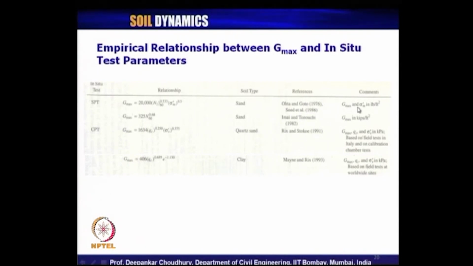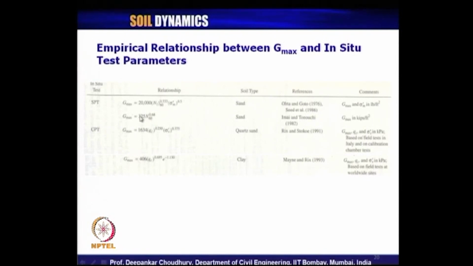Here also Gmax and sigma m dash values are in FPS unit, that is pound per feet square. Then another set of researchers, Imai and Tonouchi in 1982, proposed another relationship of Gmax for sand only, but this is a different sand: this is sand from Japan and that one is sand from US.